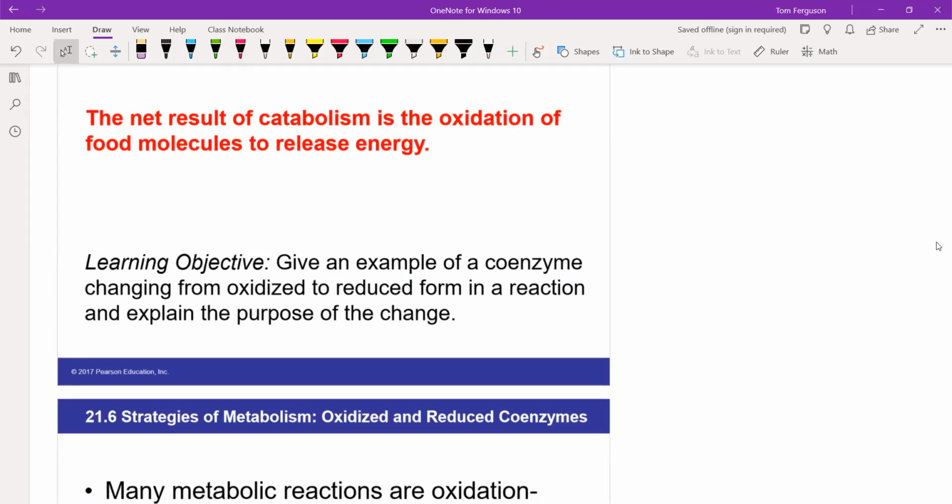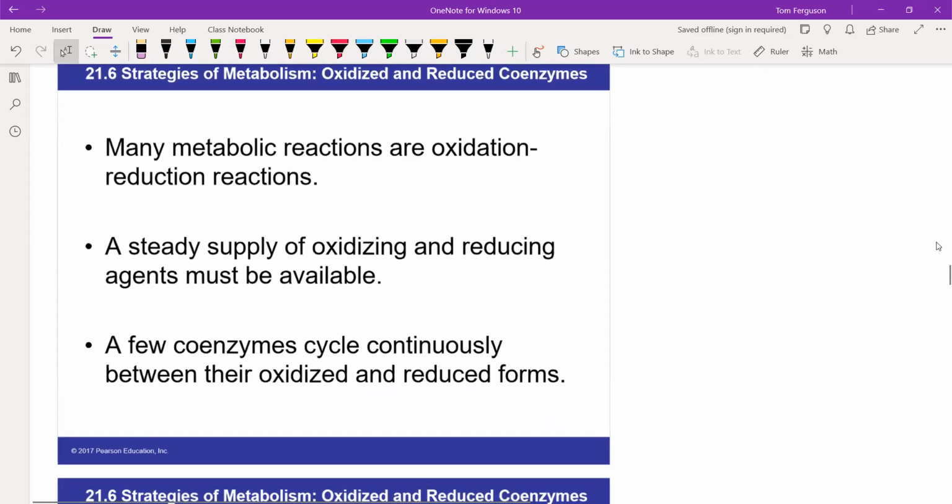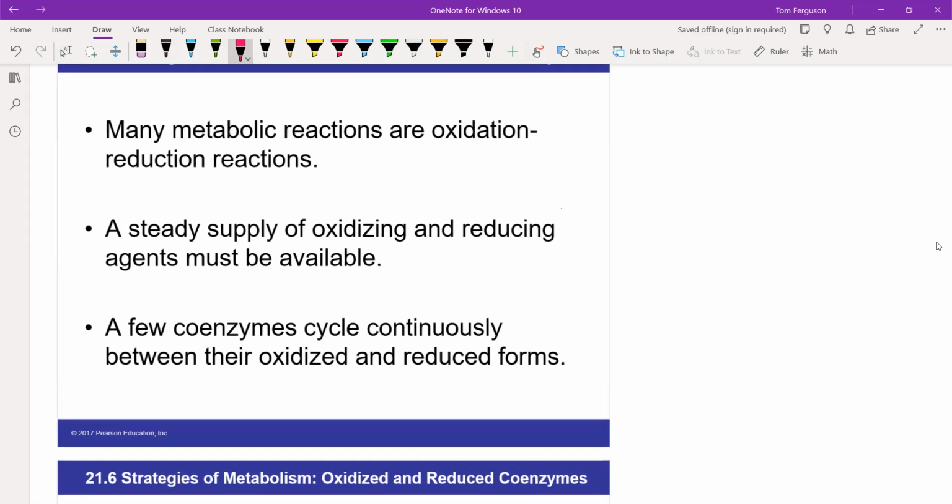Now the coenzymes we already talked about. One of them is NAD plus being reduced to NADH. A lot of the reactions are oxidation and reduction.